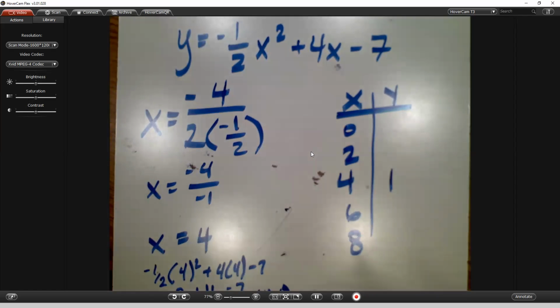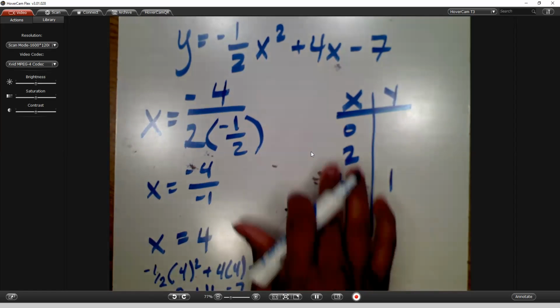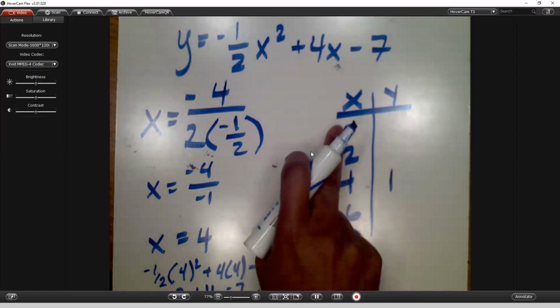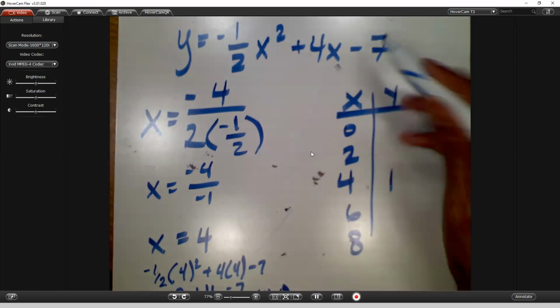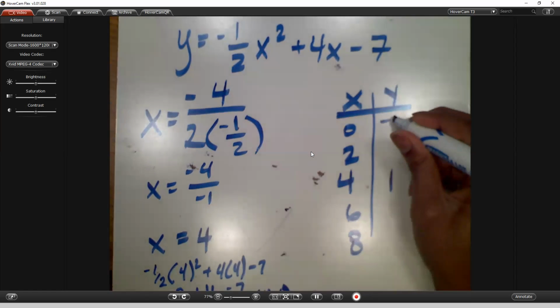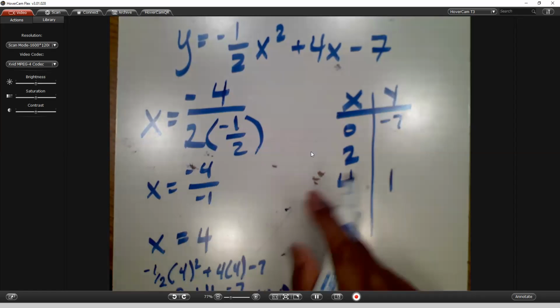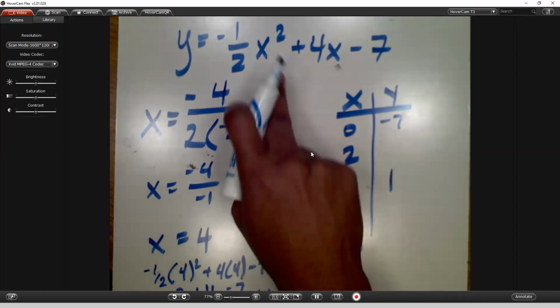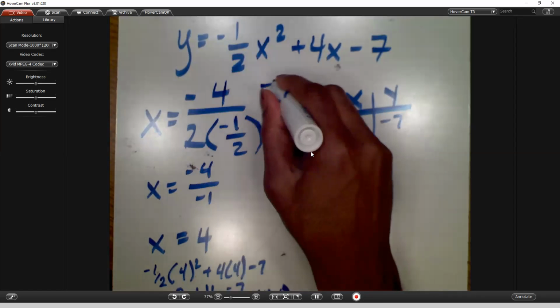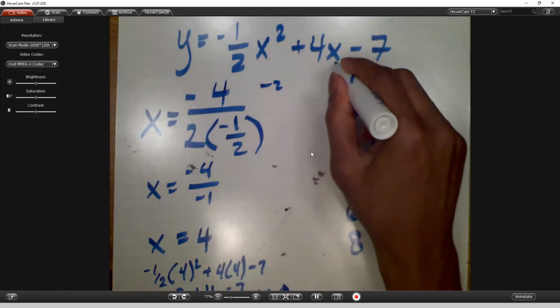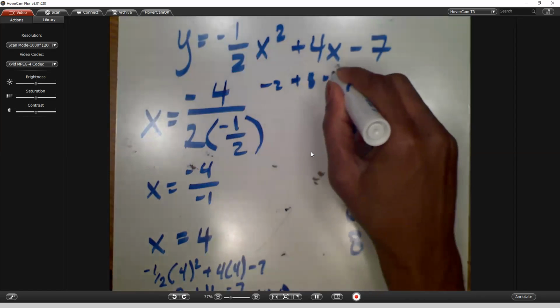From there, you're plugging your values in. Again, you should have symmetry because we already found the axis of symmetry, so we can take a shortcut in plugging these values in. 0 should be easy: 0, 0, -7. 2 squared is 4. 1/2 of that is going to be -2, times... plus 8 minus 7.